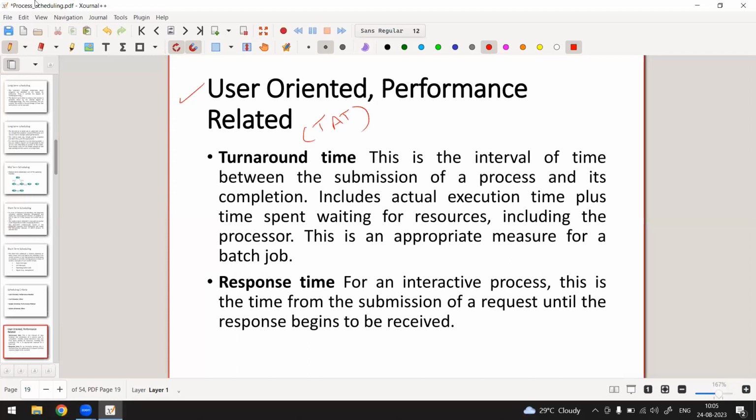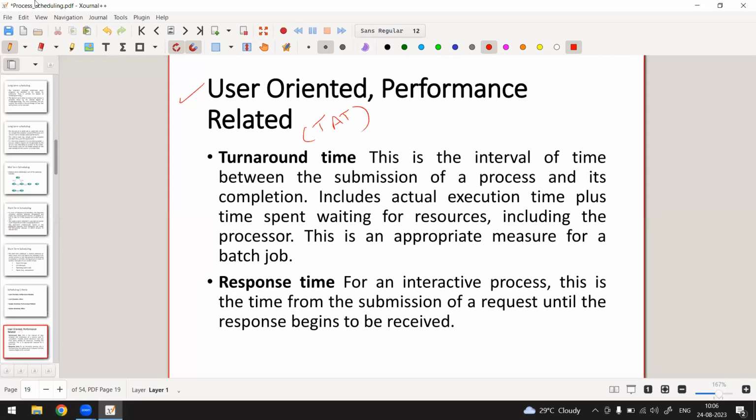This is the time interval between the submission of the process and its completion. It includes the actual execution time plus the time spent waiting for resources, including the processor. This is the appropriate measure for a batch job.